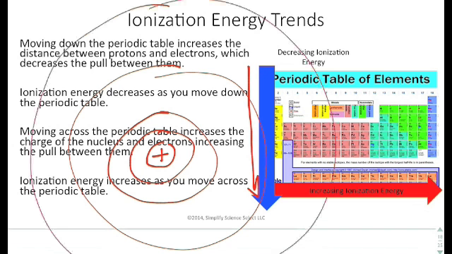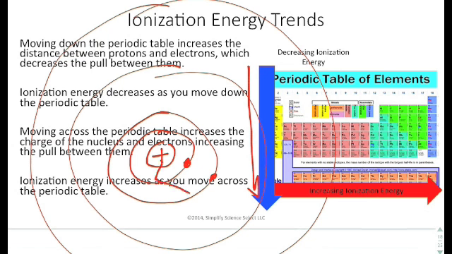For example, let's say hydrogen. If I need to remove this one electron from hydrogen, the positive and the negative charge are very close to one another. Because they're so close, there's a really strong attraction. But as I move to lithium, it is further away.